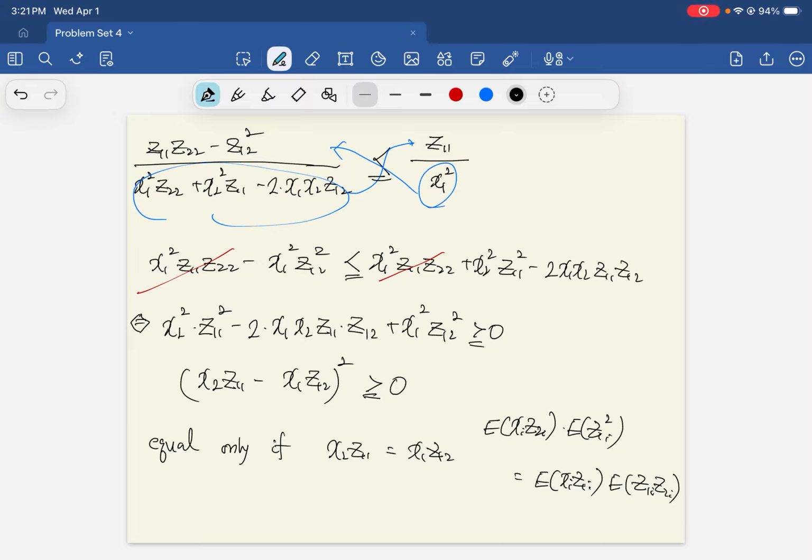We have seen this in an earlier problem set, in chapter 2. So this is an identification problem. Otherwise, if this equality is not true, then you will always get a smaller variance whenever you use two instruments with the optimal weighting scheme. Okay.